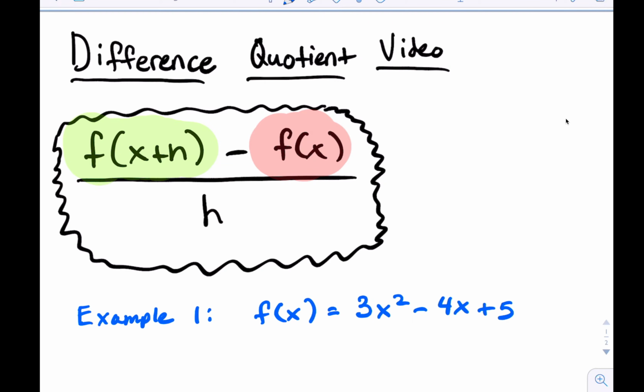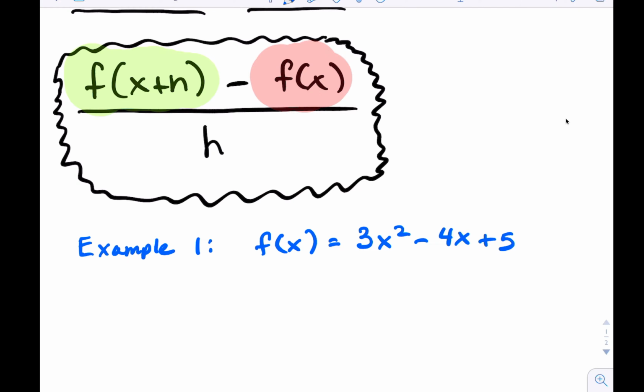Anywhere I see an x term in my original function, I'm going to replace it with x plus h. So instead of x squared, I'm going to have x plus h squared. The next variable gets replaced with x plus h as well, and then plus 5.